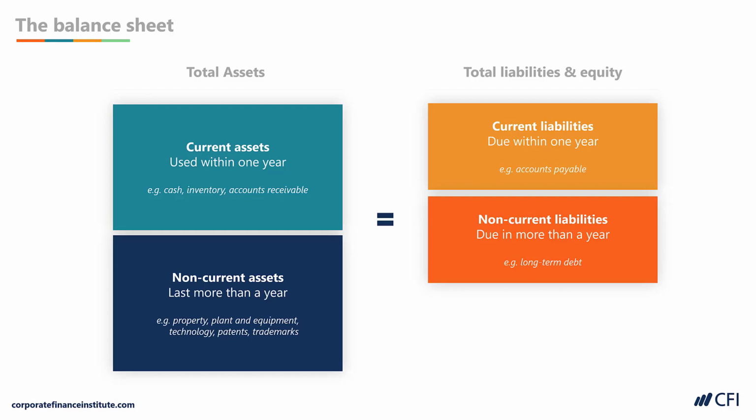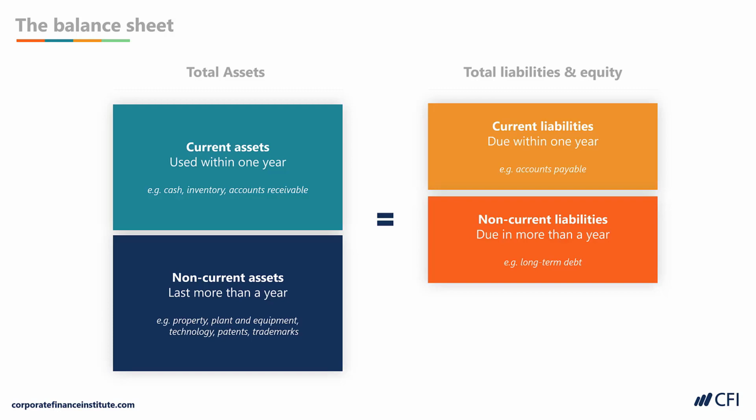Current liabilities typically include accounts payable, which is the amount owed to suppliers. Whenever a company purchases something on credit, it results in accounts payable. Most suppliers provide anywhere from 30 to 90 days as their terms for payment.